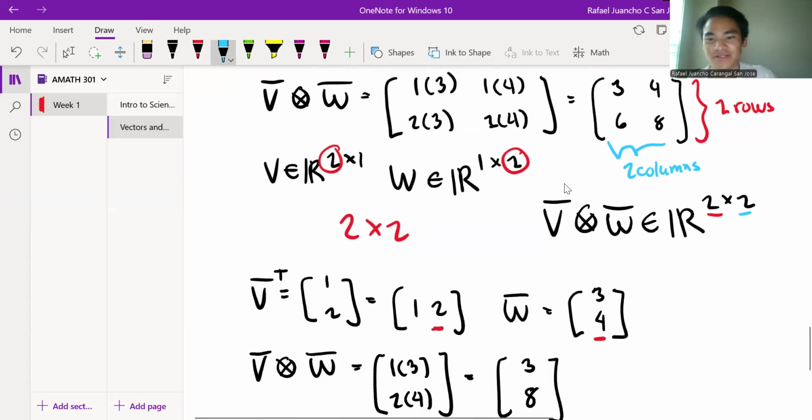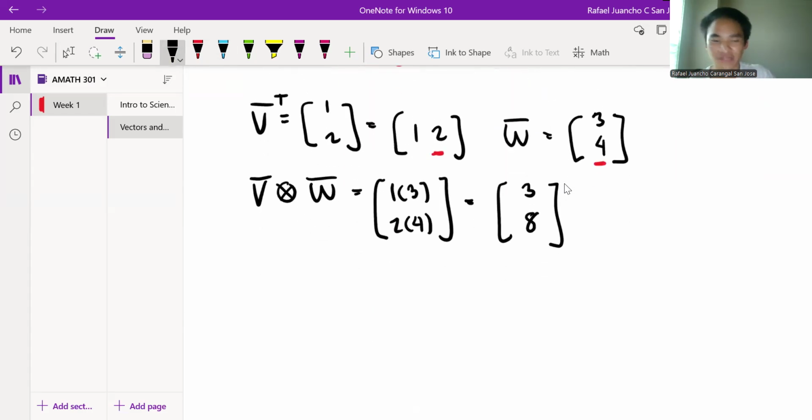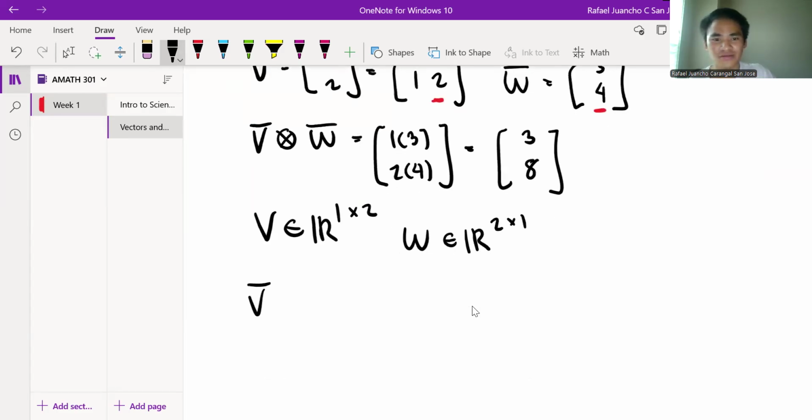Now let's look at this other case. Here we transpose V. Let's look at their characteristics. What's V when you transpose it? This has 1 row, 2 columns. Now if you look at W, W has 2 rows and 1 column. And so if you get their outer product, well, we get, oh yeah, we get 1 by 1.